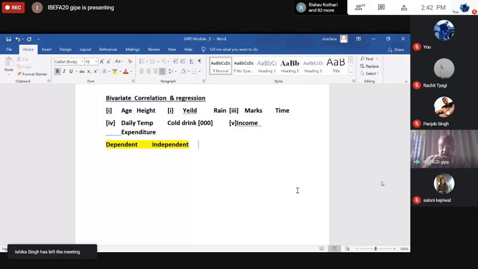Correlation regression is the topic. How much is the expenditure in a family when the income is rupees 35,000 per month? Answer is correlation regression.